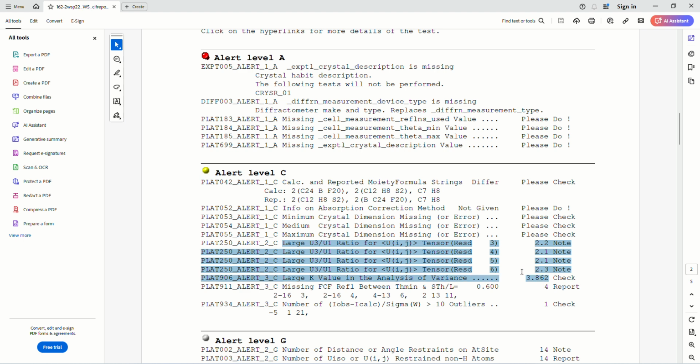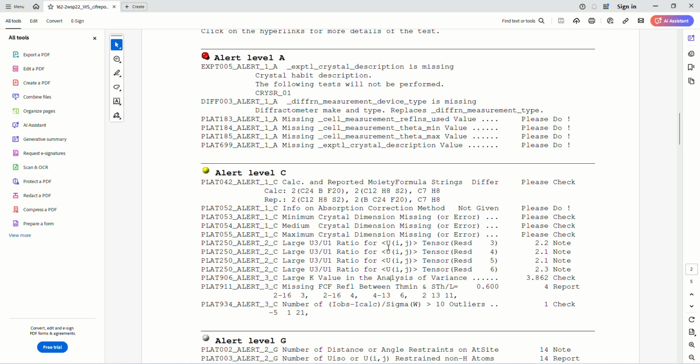In the case of this structure, it's probably related to the fact that it forms these stacks, and because of that, the ellipsoids are elongated in one of the directions, which reflects the movement in the stack.